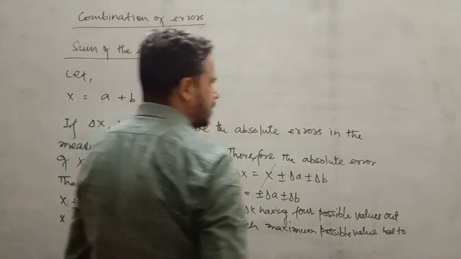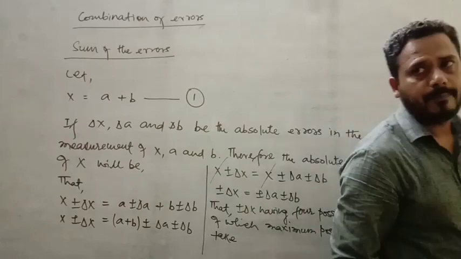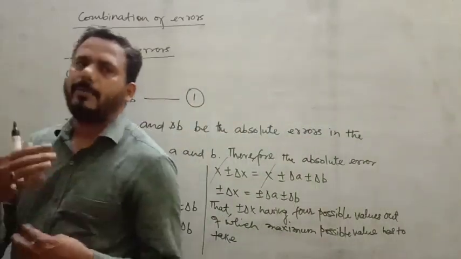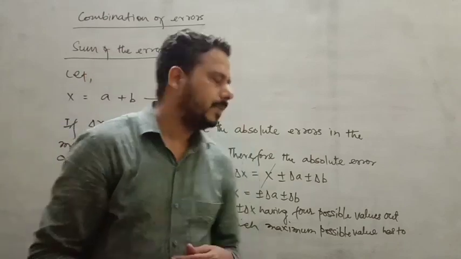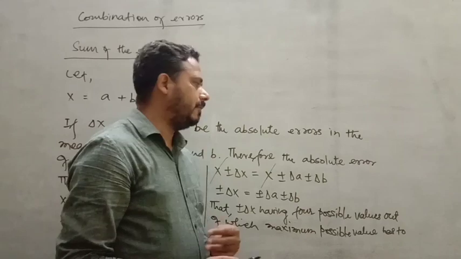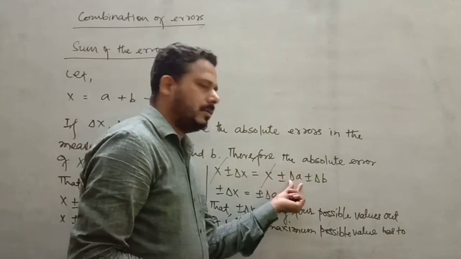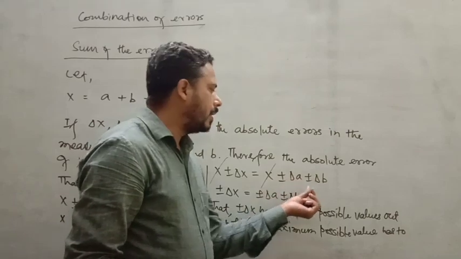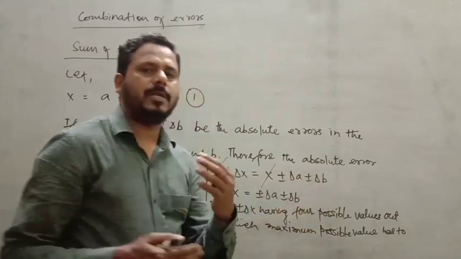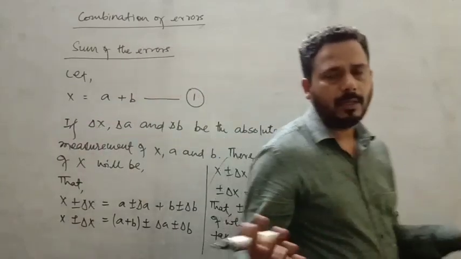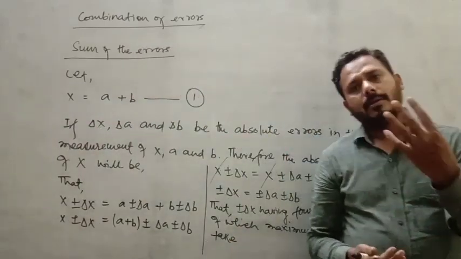Alright, so you can see here that this one having 4 possible values in which you have to take the maximum value. Alright, so how much be the maximum value? If this factor plus minus delta A be positive and the second factor plus minus delta B be positive and its sum, so that will be automatically maximum value.